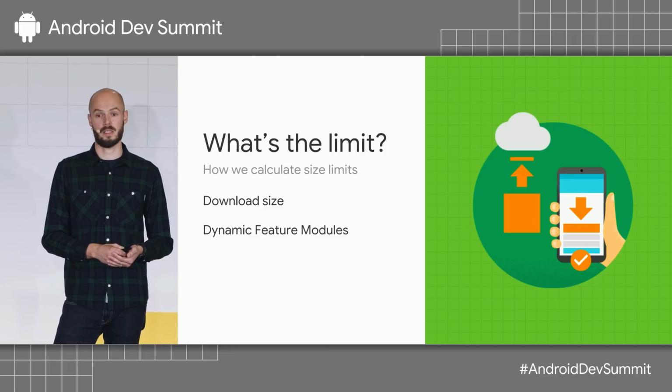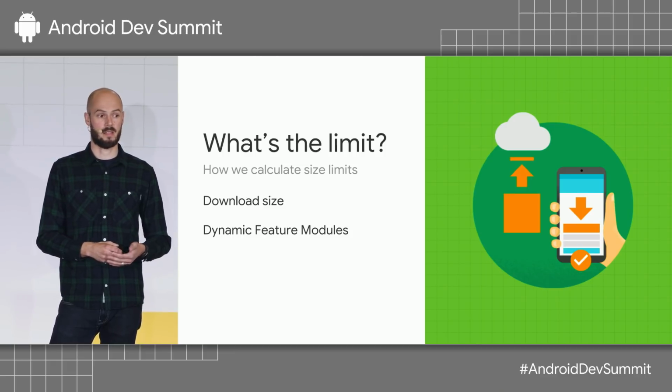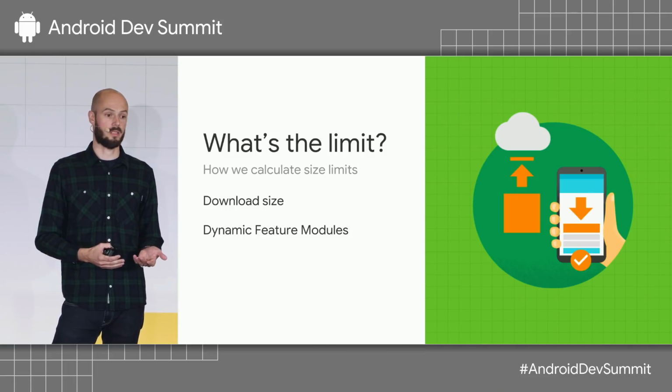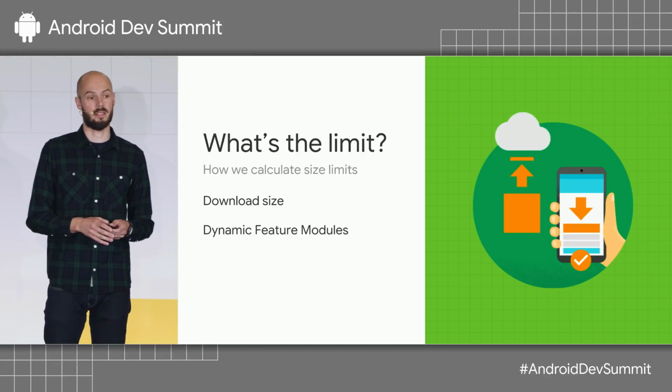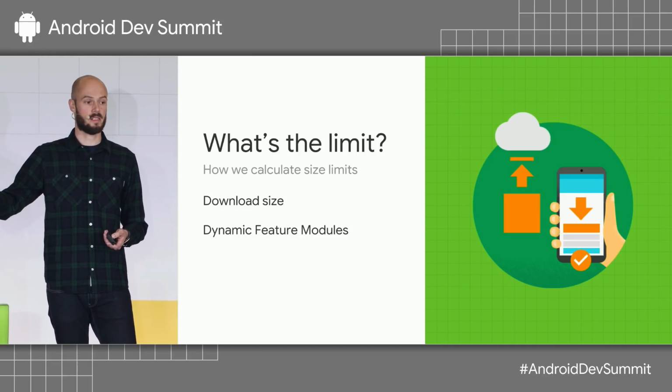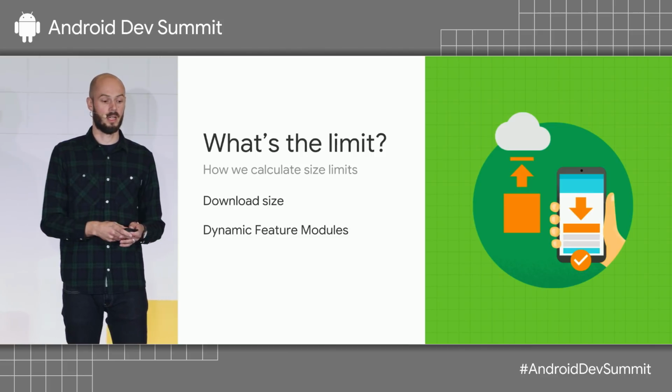So if your app on device has a file size that's larger than a limit, then that's all right, because we take the download size into account. So you get some compression over the wire, and that's what we take into account for that. And this will be shown on the Play console as well. So you'll see your download size is this, so you're above or below the threshold.